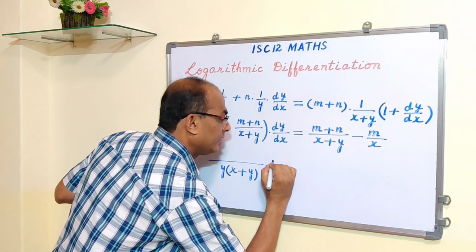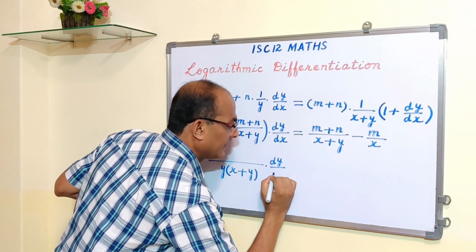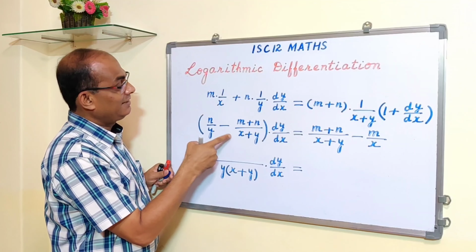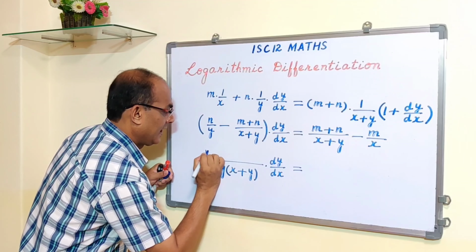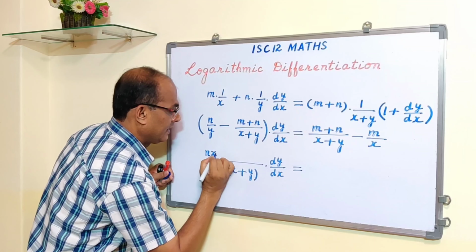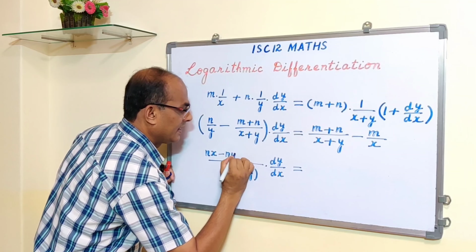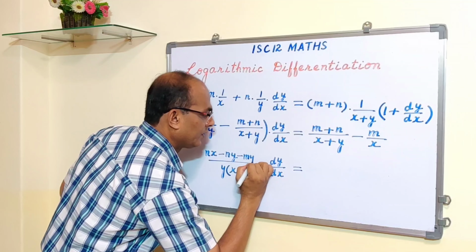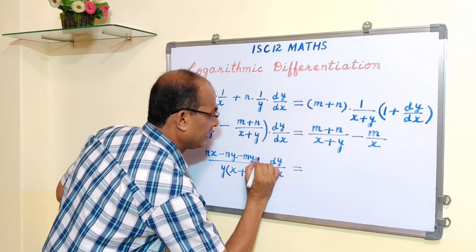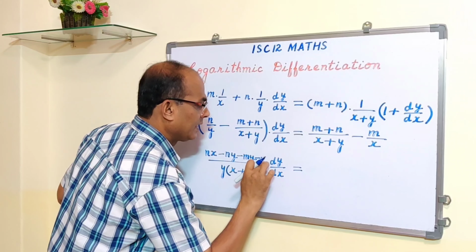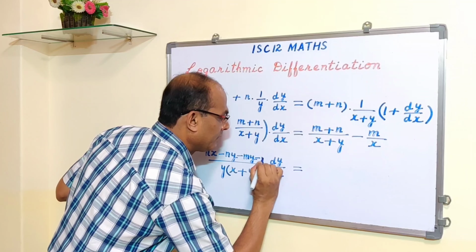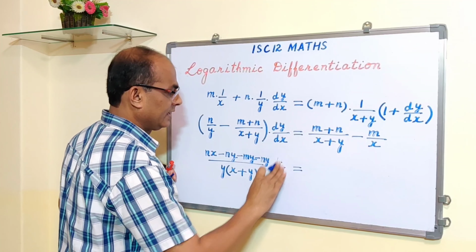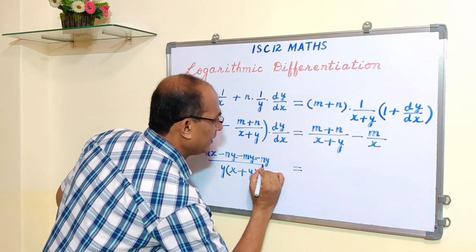Here we get into dy upon dx is equal to, now here we get nx minus ny, alright? nx minus ny, minus my, minus ny, into dy upon dx.